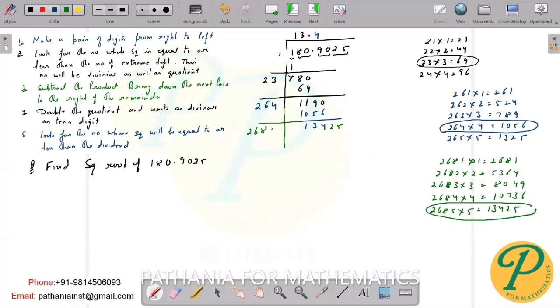Yes. So therefore, the square root is 13.45. Okay.